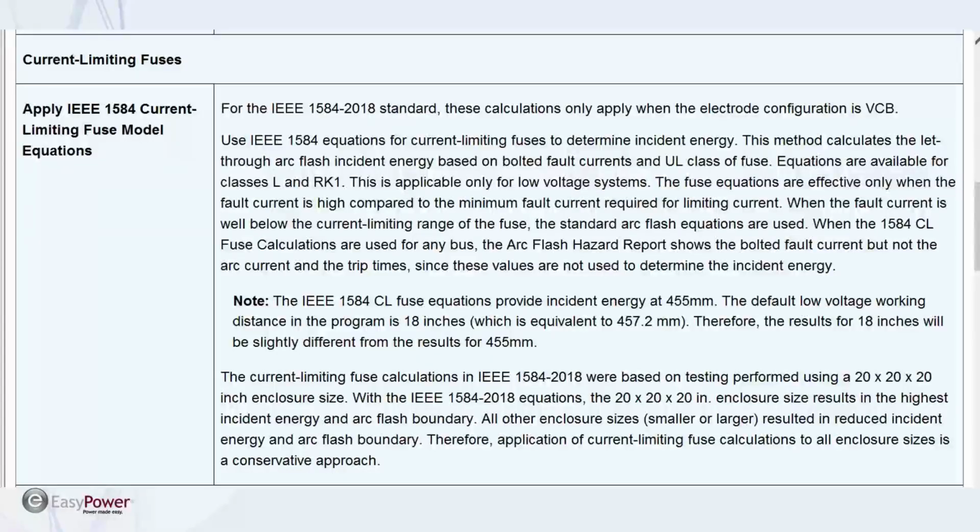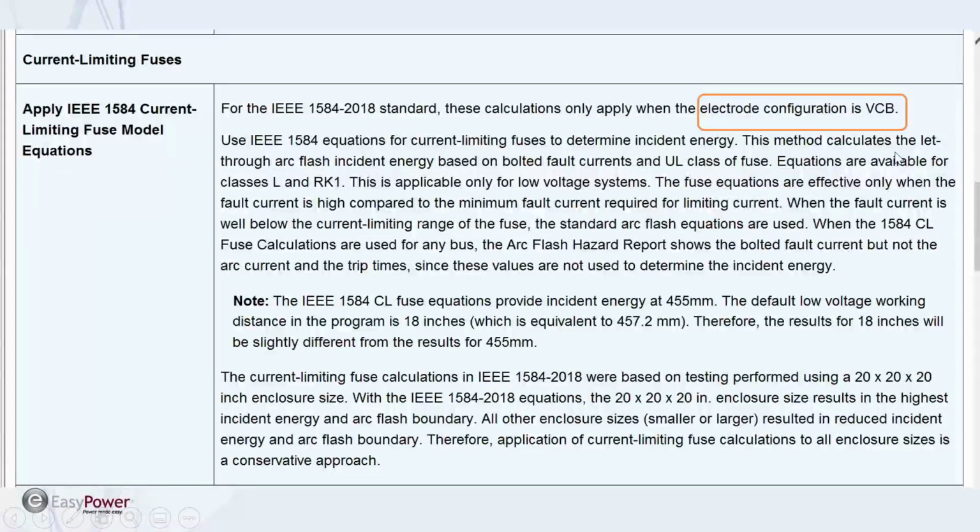So this is an excerpt from 1584. This is actually the 2018 version, but the verbiage is pretty much the same that was included in 2002. And what we find is that they had several limitations.